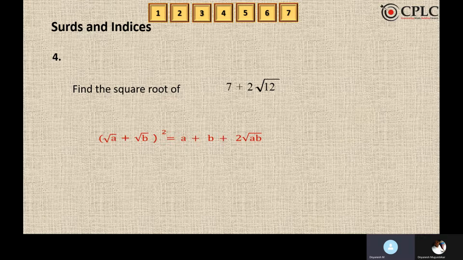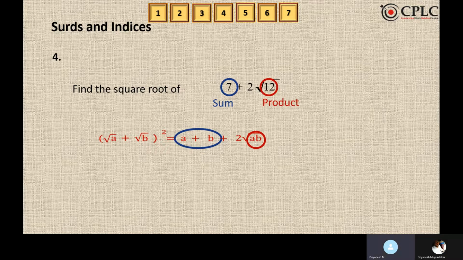So 2 root 12 is your 2 root ab, that is, ab is 12, that is, the product of two numbers is 12, and the sum of the same two numbers, that is a plus b, has to be 7. So we are looking at two numbers whose sum is 7 and whose product is 12. Only one pair satisfies this, which is 3 and 4. So a and b are 3 and 4 respectively.